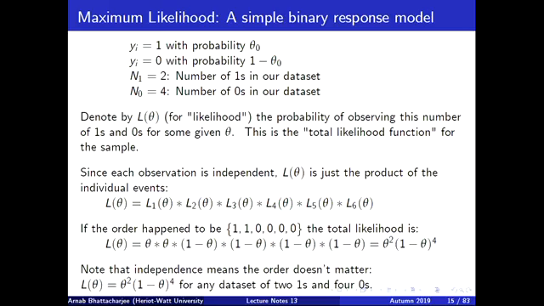Okay, so L theta is the likelihood, okay? It is a function of theta, not of the data, right? The probability of observing this number of ones and zeros given some theta. Okay? And now we are going to write down this likelihood, not for individual observations, but for the whole data.